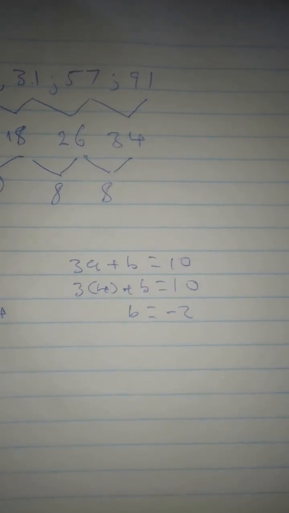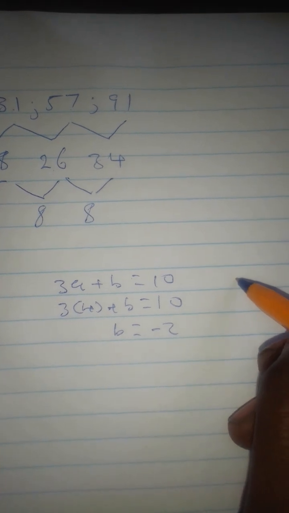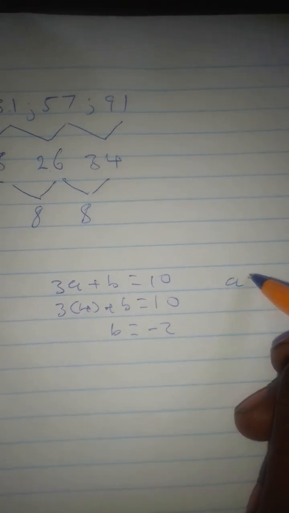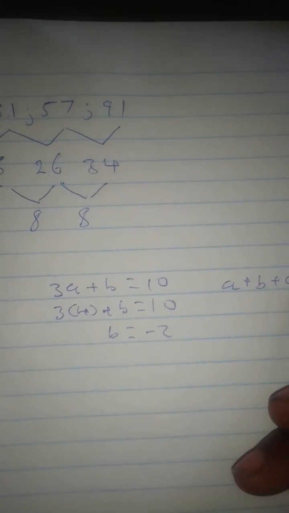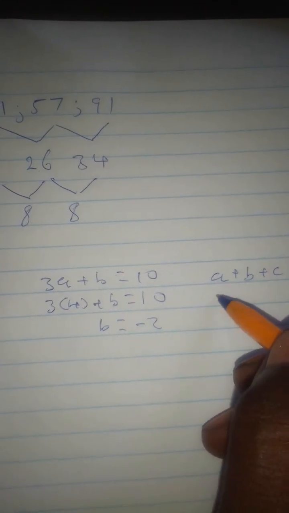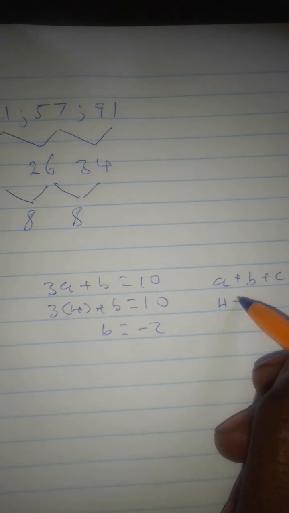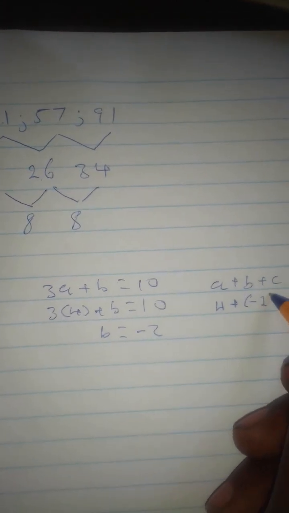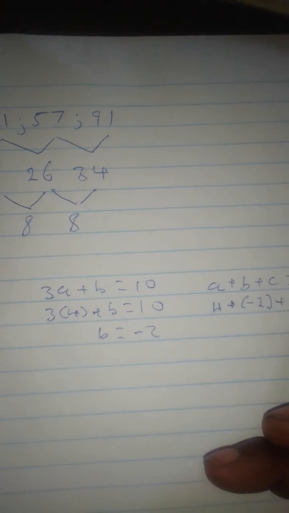And then we are going to say a plus b plus c is equal to 3. We have a, which is 4, plus negative 2, close the bracket, plus c, which is equal to 3.